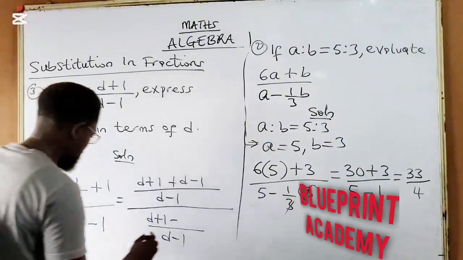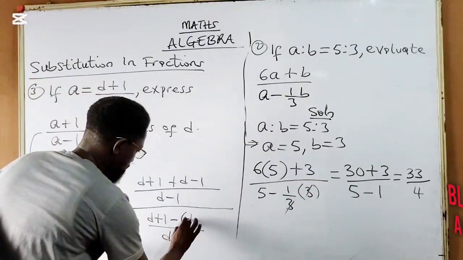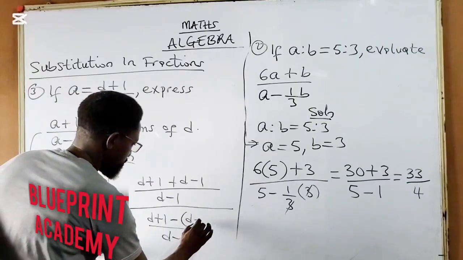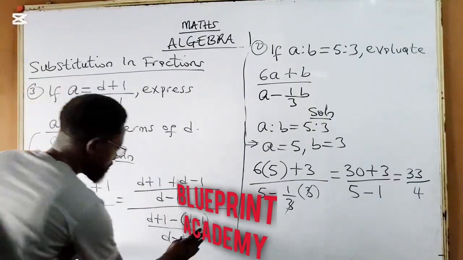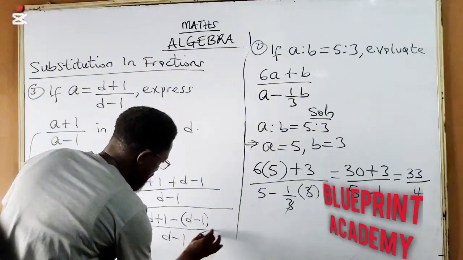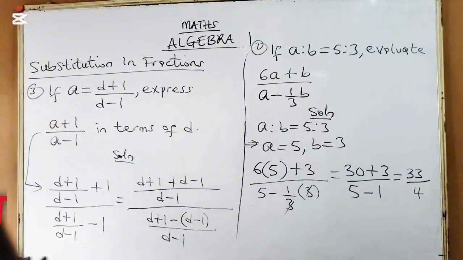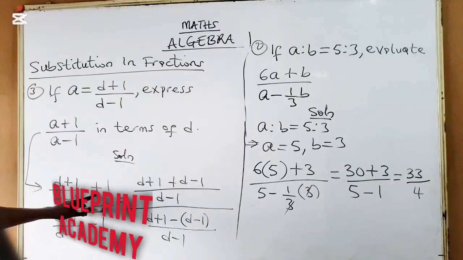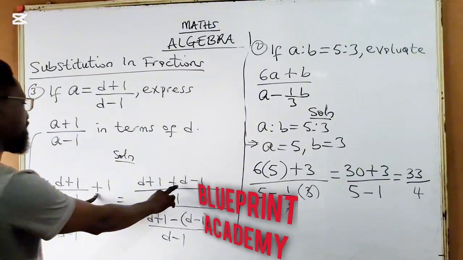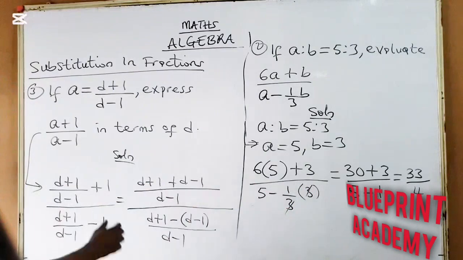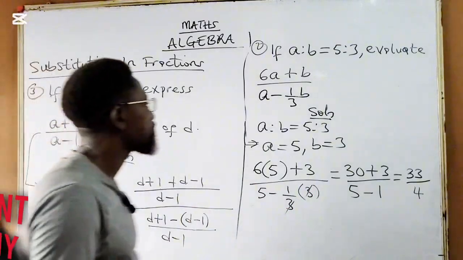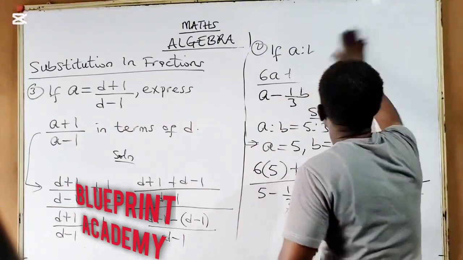Then D minus 1 times 1 will give D minus 1. It's necessary to put this one in the brackets because this one is minus. For the numerator, the plus, I didn't put that in the brackets because it's plus. Okay? So now, let's proceed.